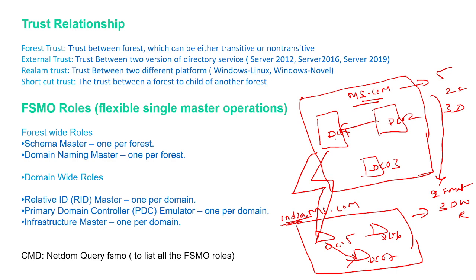One is the relative identifier, meaning any object that you create in Active Directory. Say for example, if you create a new user, that user will have an RID, relative identifier. I told you, the computer will not understand the username. If I just type Manju, Active Directory will not understand. So that Manju will have an associated identifier, which we call the relative identifier. When you create a user, that user will be assigned a particular number.